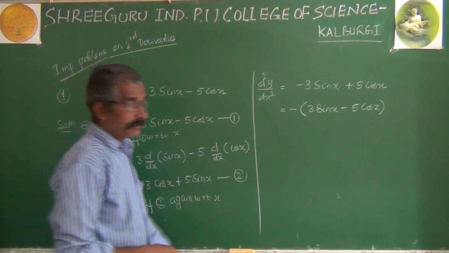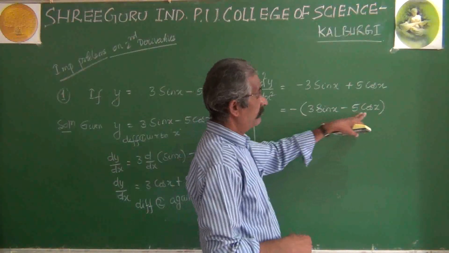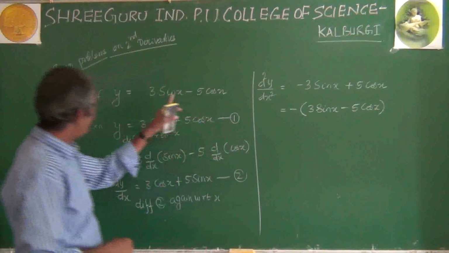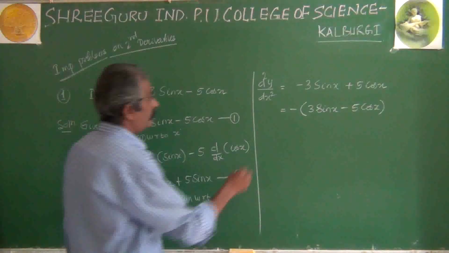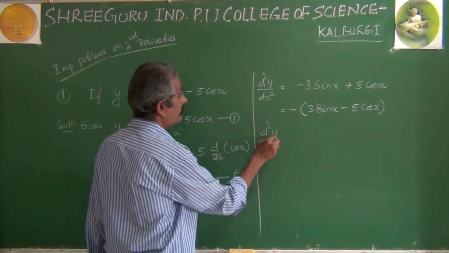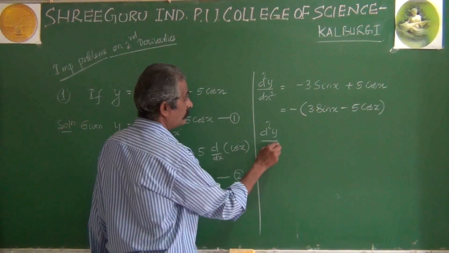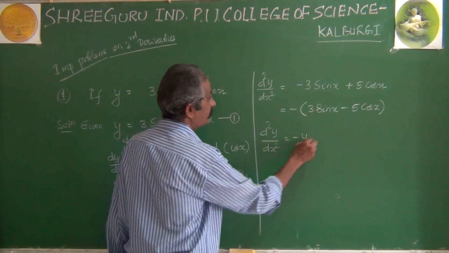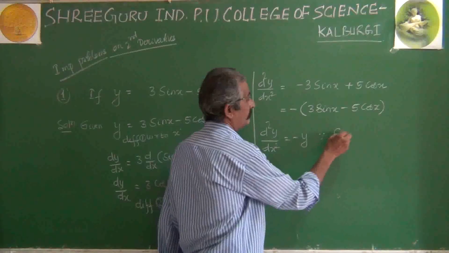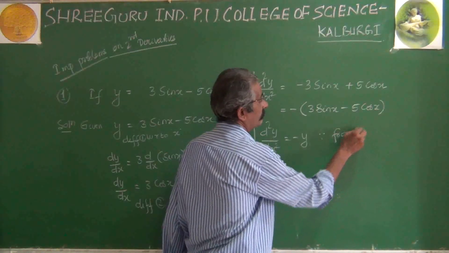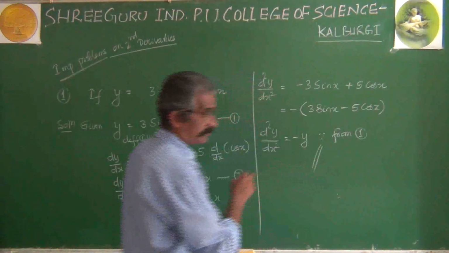Now 3 sin x minus 5 cos x is exactly equal to y. So finally d2y over dx2 equals minus y, since from 1. That's the required result.